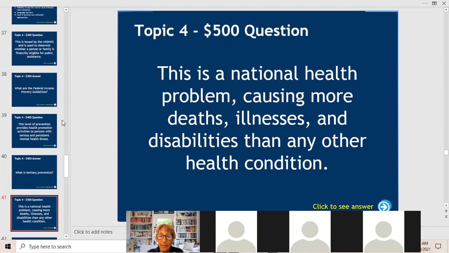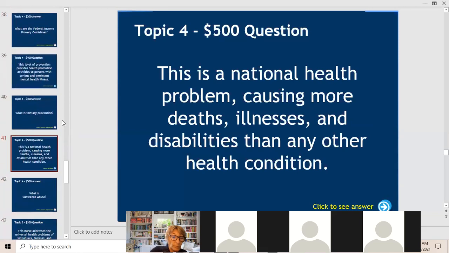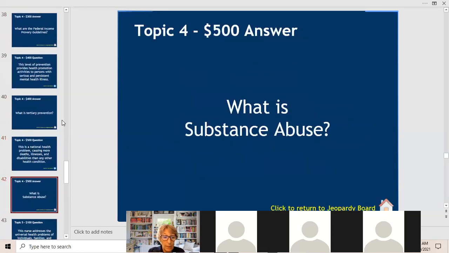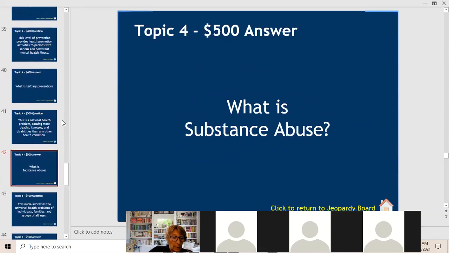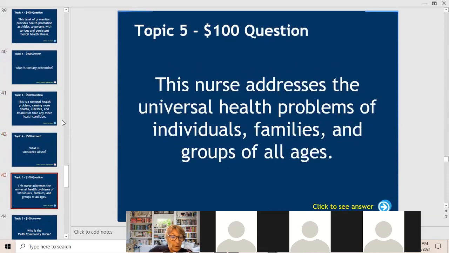It's the chronic diseases, because people are living longer, right? Due to technology, pharmaceuticals, healthcare. Okay, but this is, so the answer, everybody want to go with substance abuse? Absolutely. That is just our society nowadays.